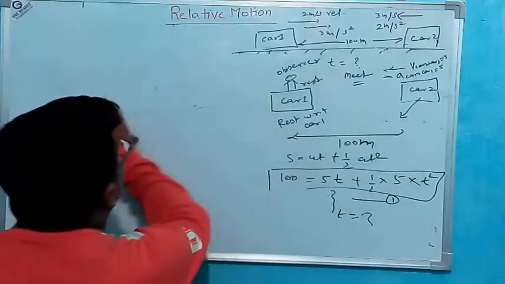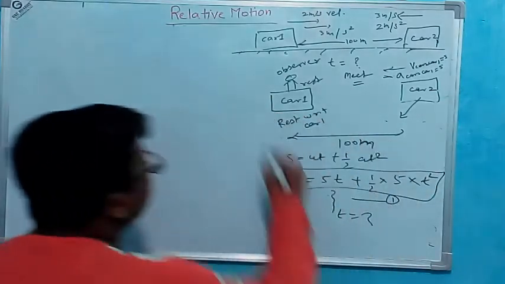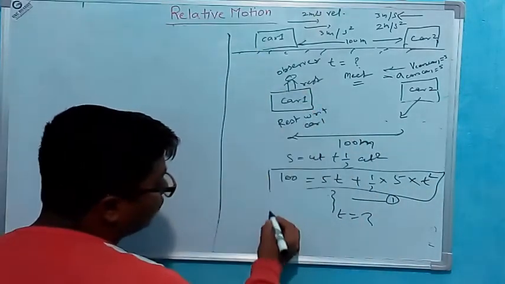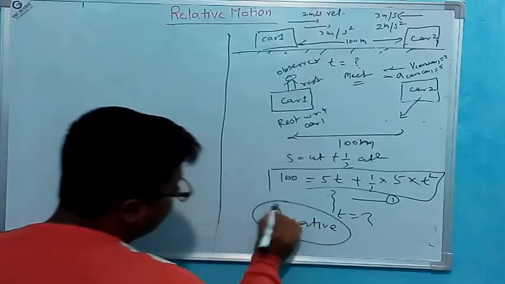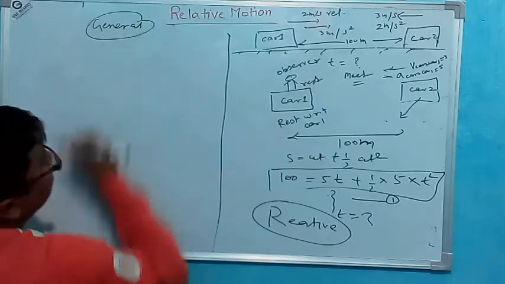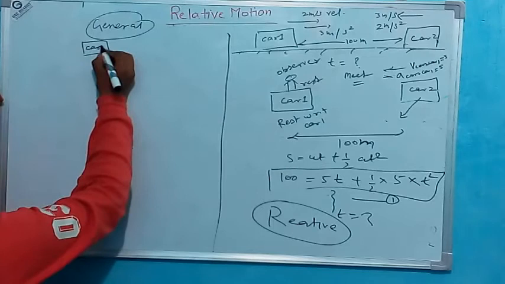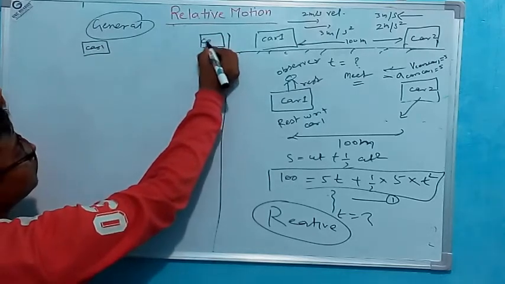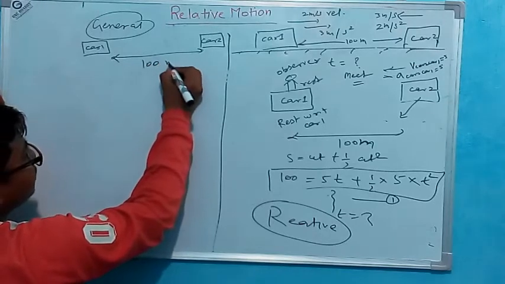Now we have to recheck whether this formula is correct or not. So we have to solve it by the general method. This was solved by the relative method, and now we solve it by the general method. This is car 1 and this is car 2, and the separation between both cars is 100 meter.